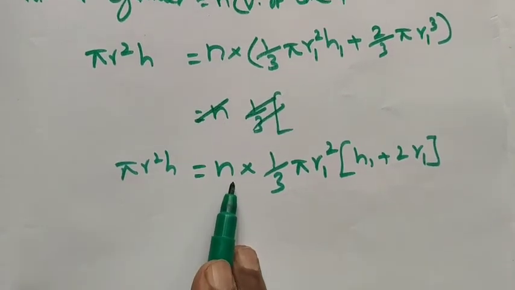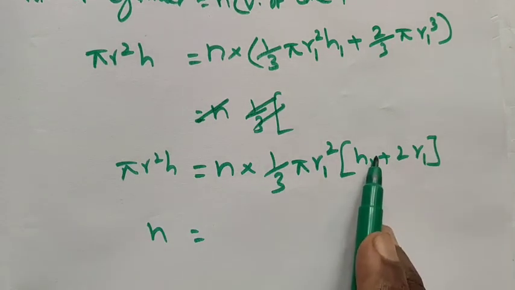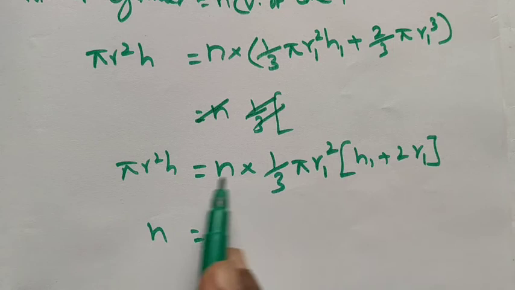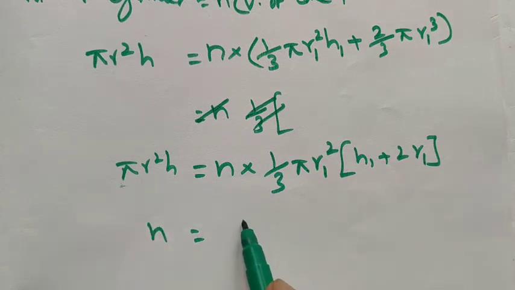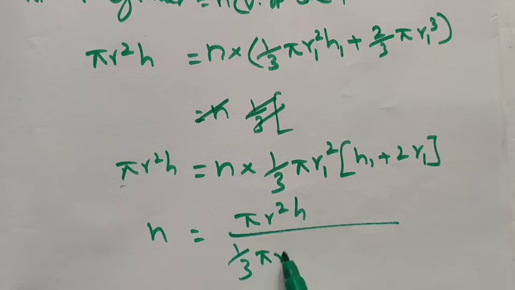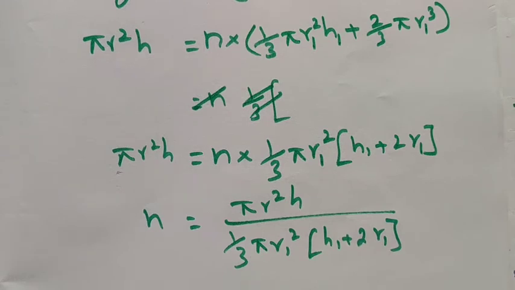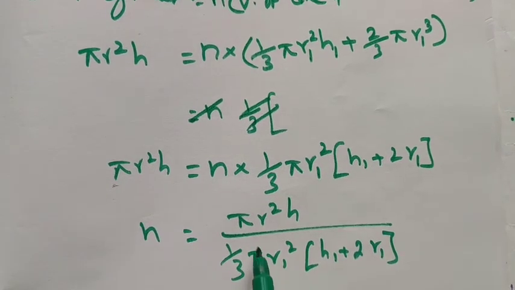We want to find only n, so the whole term goes to the other side; since it is multiplication, it becomes the denominator. So n equals pi r square h divided by 1 by 3 pi r1 square into h1 plus 2 r1.